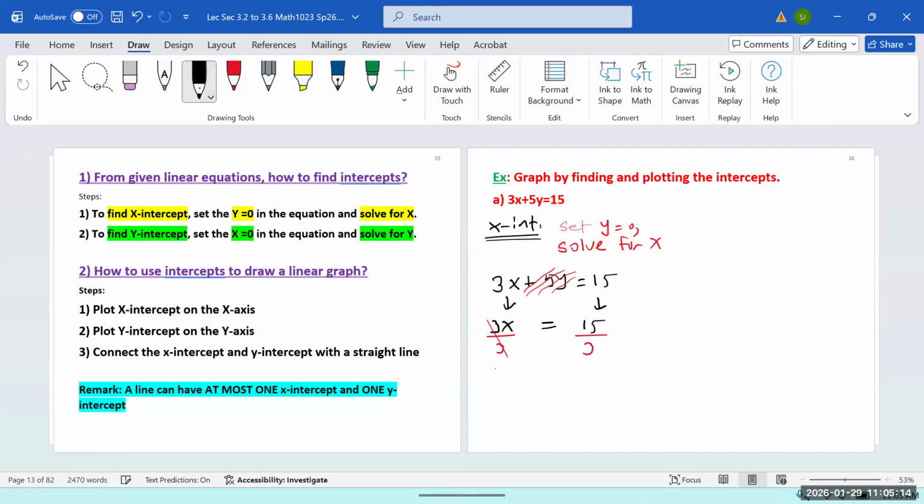That cancels out and we get x equals 5. But they actually like the x-intercept and y-intercept in point format, meaning the x value, comma, y value. So the x value is 5, we can see clearly. What is our y value in the x-intercept? 0. Good job.